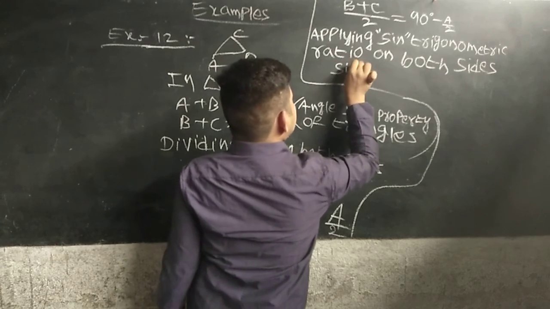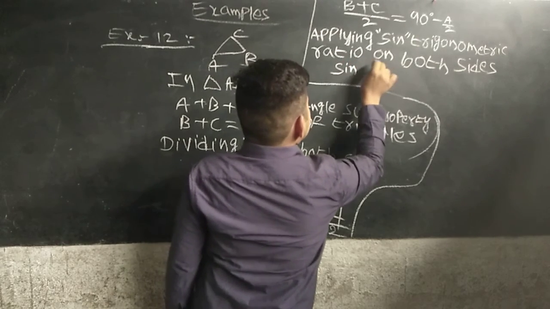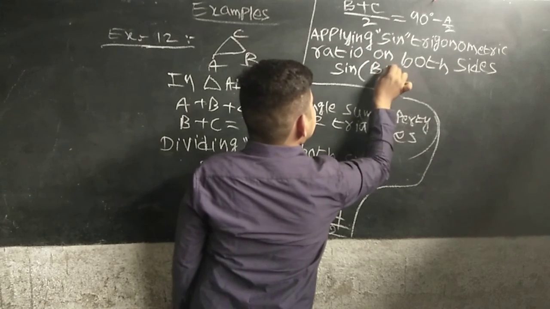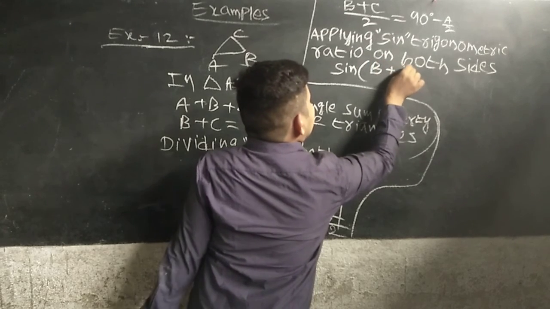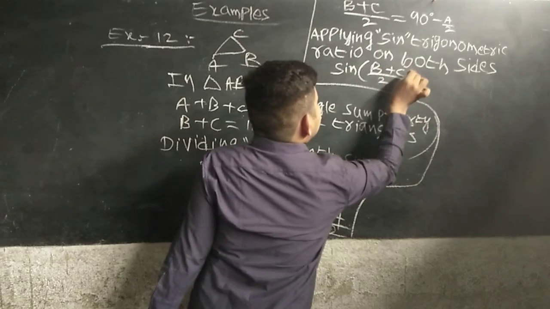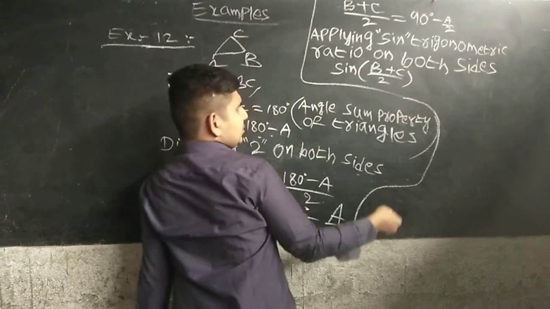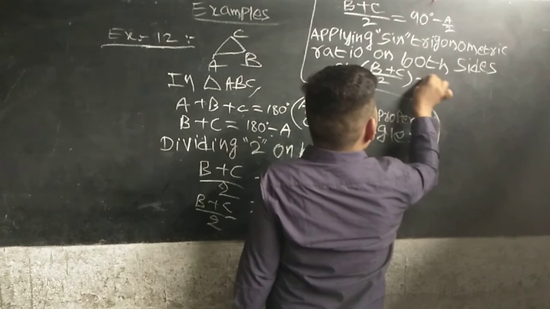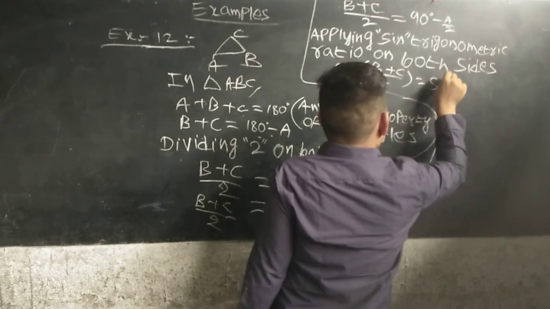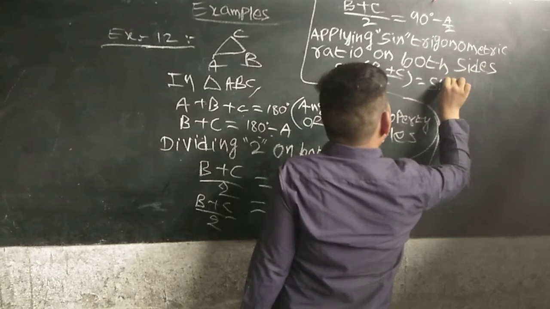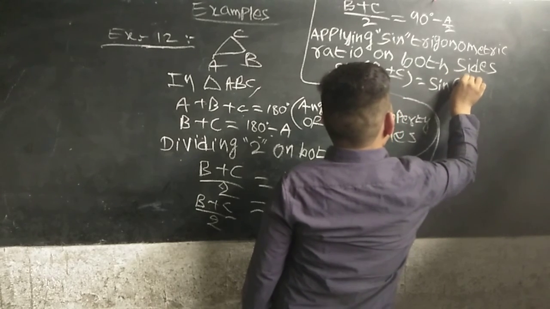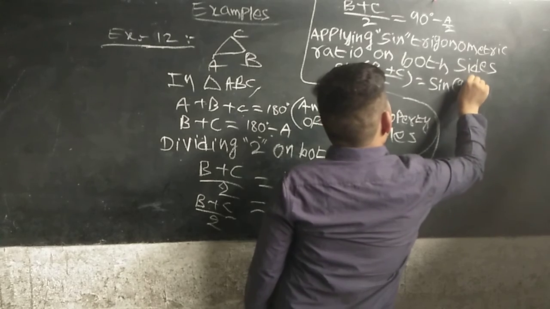Sine of (B plus C) by 2 equals sine of (90 degrees minus A by 2).